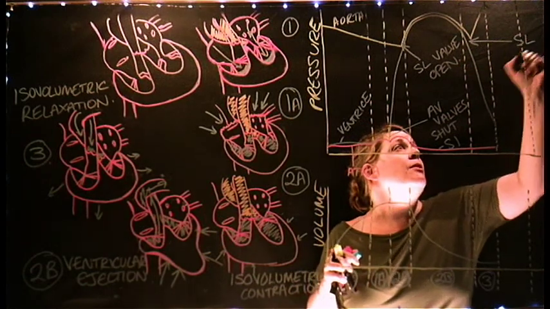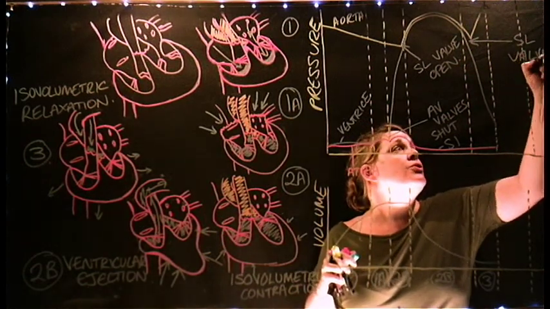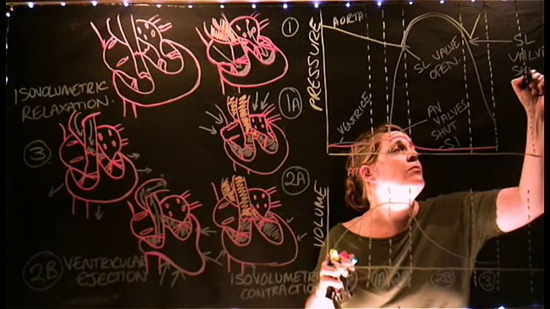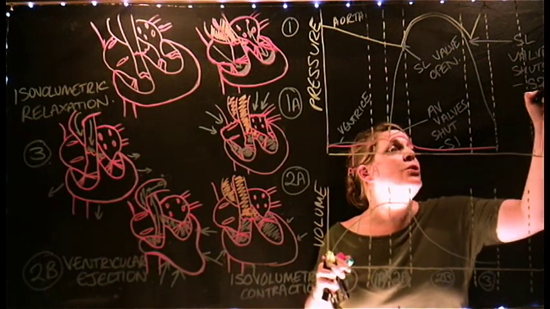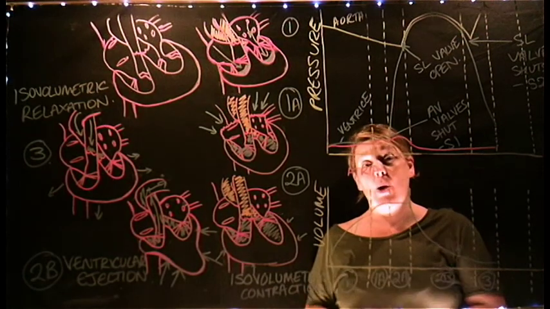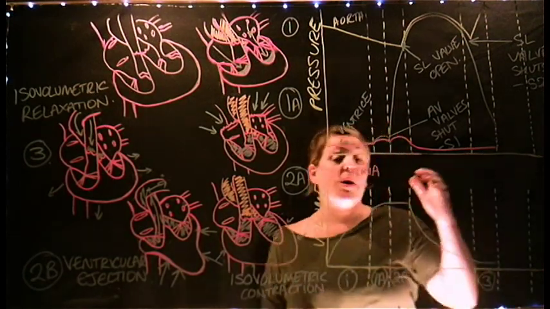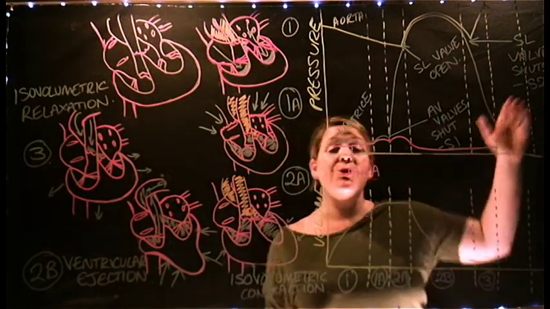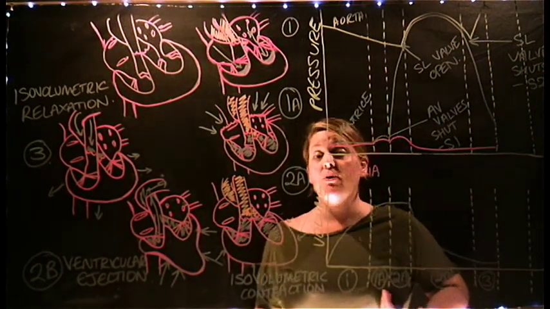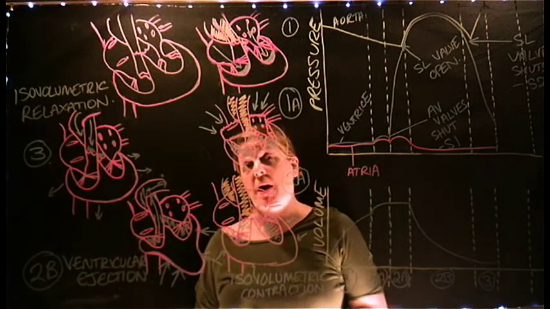So the semilunar valve shuts, and this is our S2 sound, our dub. So S1 is lub, AV valve shutting. S2 is the dub, the semilunar valves shutting with the backflow of blood.